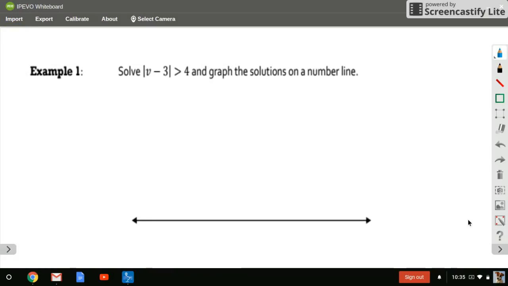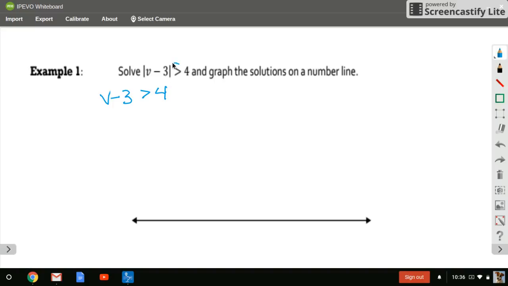Solve the absolute value of v minus 3 is greater than 4 and graph the solutions on a number line. Our first step is to isolate the absolute value. This one has already been isolated, so we can go to our second step of setting up two inequalities. For one, we keep it the exact same: v minus 3 is greater than 4.